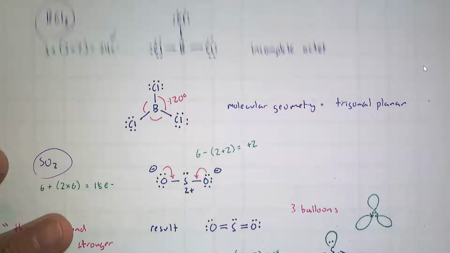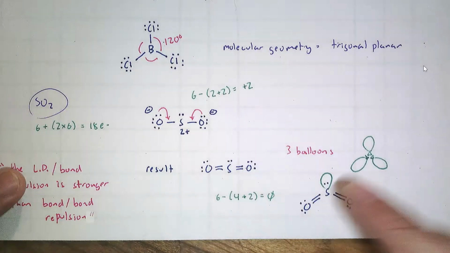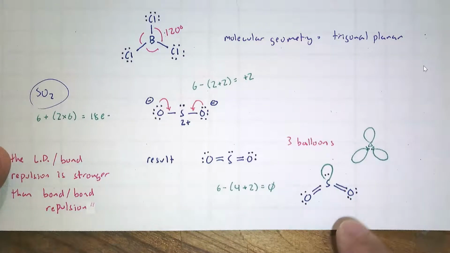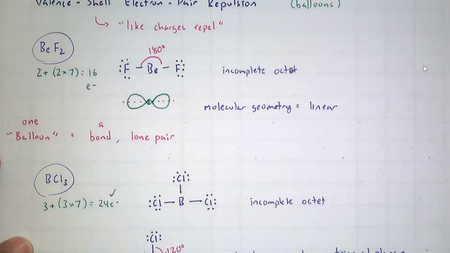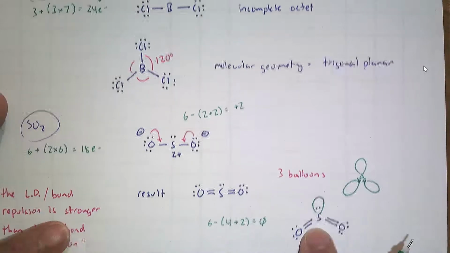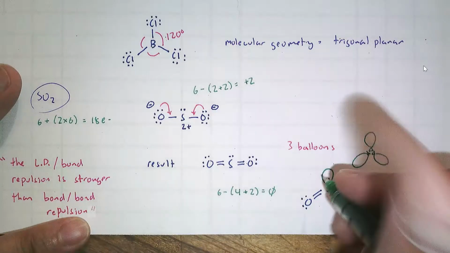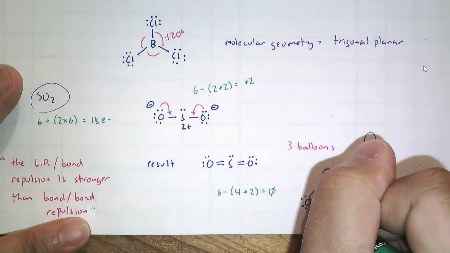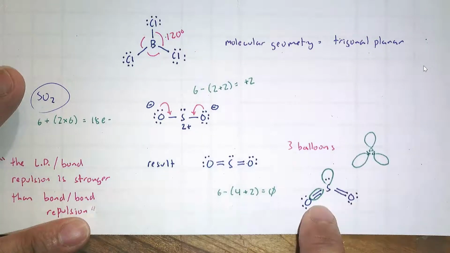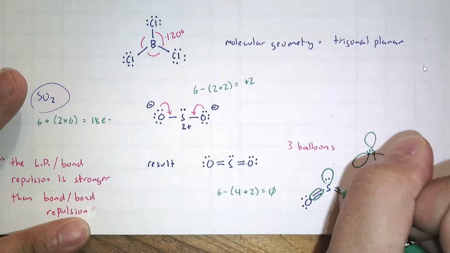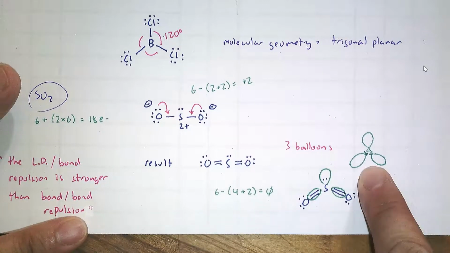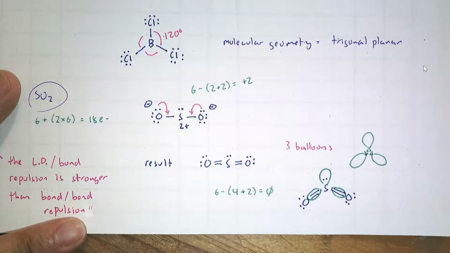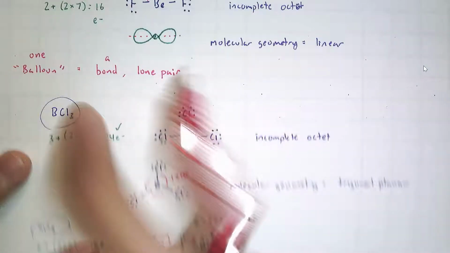It repels electrons. Not only is that lone pair a balloon, but our bonds were balloons too, just like for BeF2. Even if you have a double bond, that is considered one balloon, and you could use this teardrop shape to encapsulate both bonds. So it is a total of 4 electrons, but it's still considered one balloon, and it's going to be close to 120 degrees.